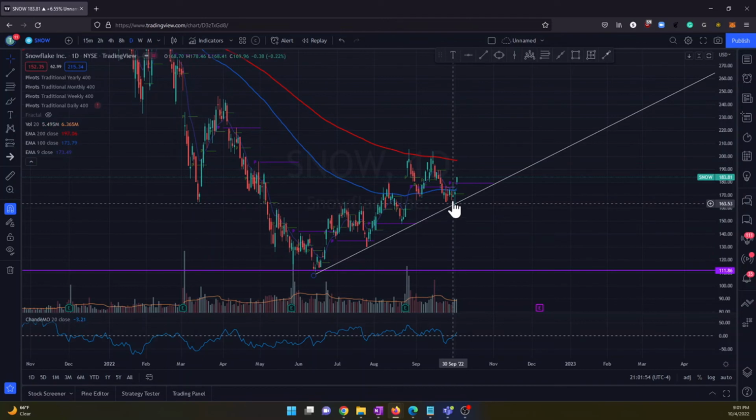So this means that it tried to go down, it tested the down action, but the market wanted to go up. So this is a very resilient stock.